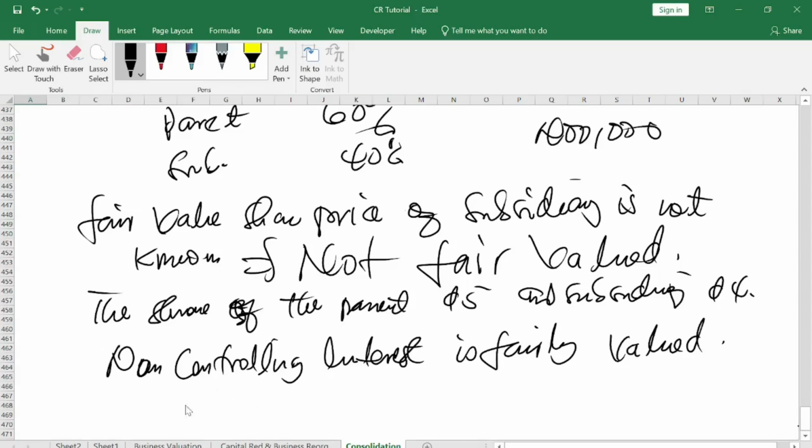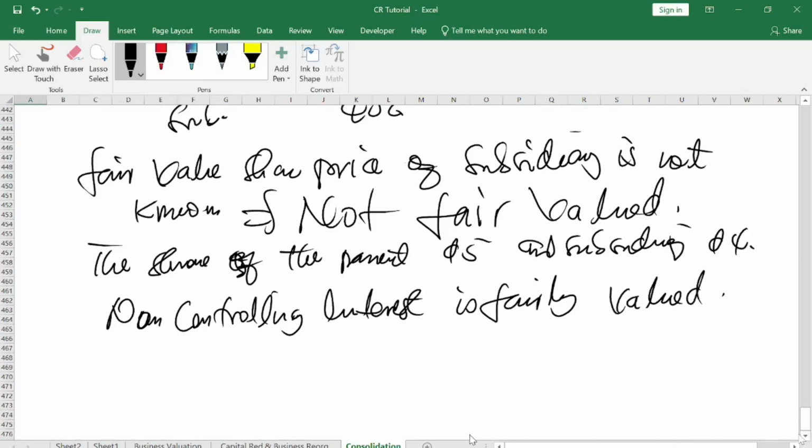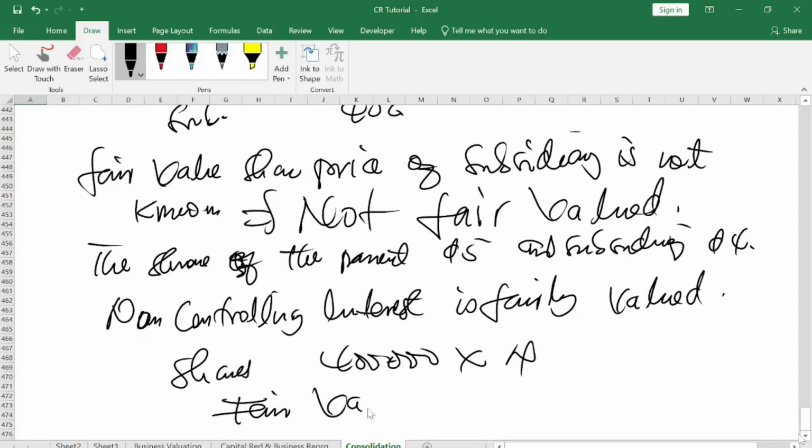You know that non-controlling interest is the same as the subsidiary, right? So here it means that we can know the fair value of the subsidiary. How? You pick the shares of the subsidiary, which is 400,000, multiplied by the share price of 4 cedis. So this becomes the fair value of the subsidiary.